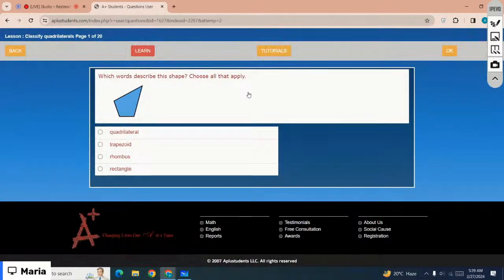Which words describe the shape? Choose all that apply: quadrilateral, trapezoid, rhombus, rectangle. Which is the correct option?